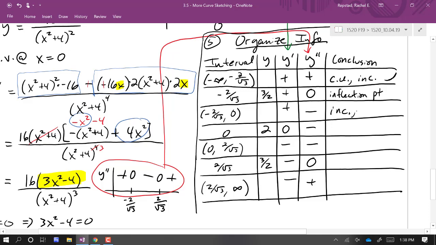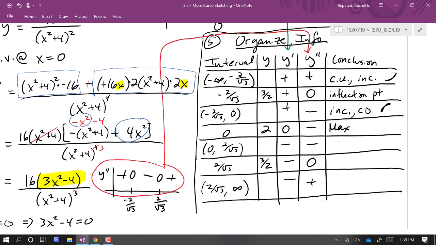Yep. So increasing concave down looks like that kind of shape. And the next one's a max. There's our max. We can tell because we see the sign change in the first derivative. We also see that it's concave down at a critical value. And so that has to be a max.